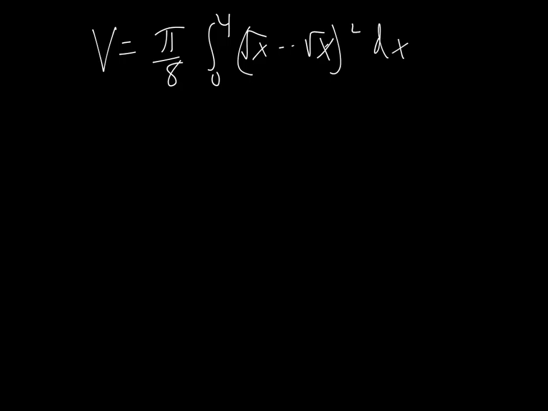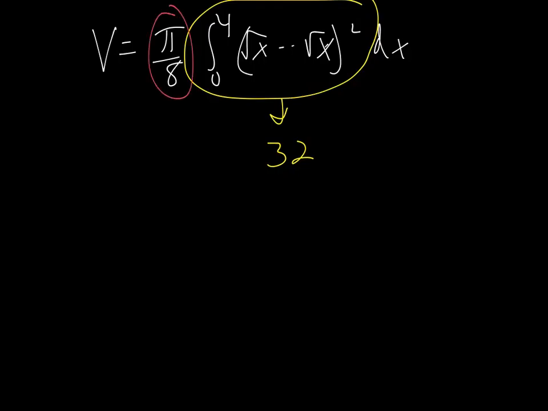And then I'm going to say, wait a second, this entire thing we already calculated a little bit ago. We calculated this to be 32. So you don't need to redo it all. You're just going to multiply times pi over 8.